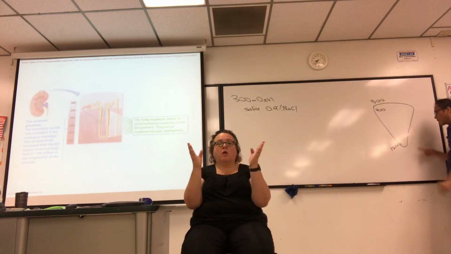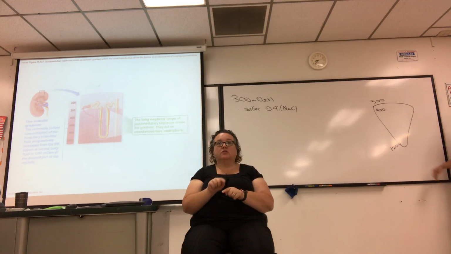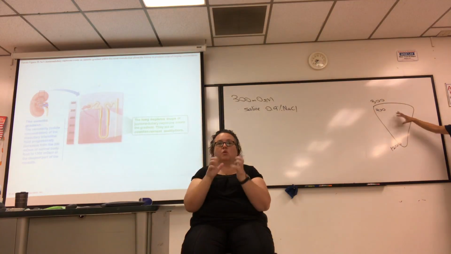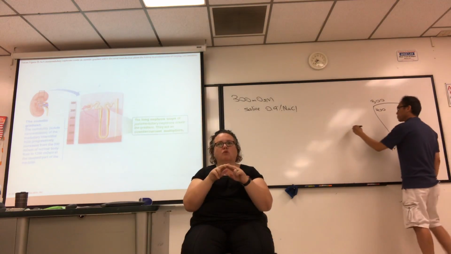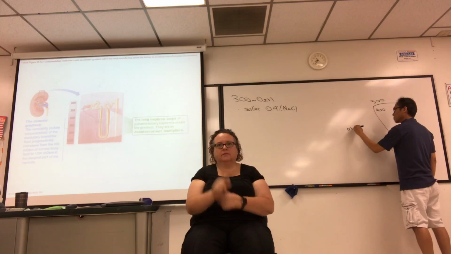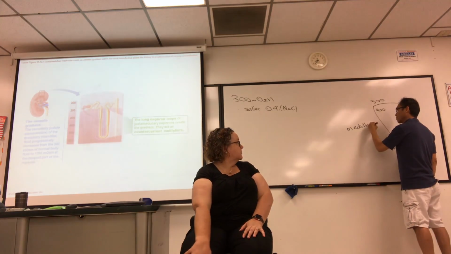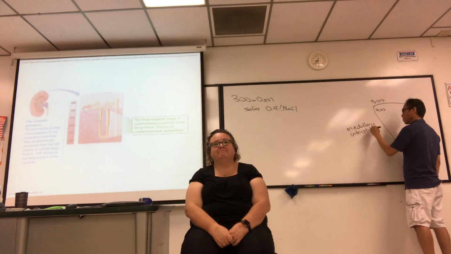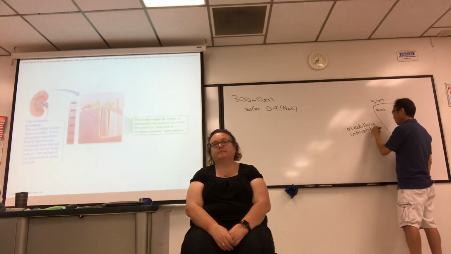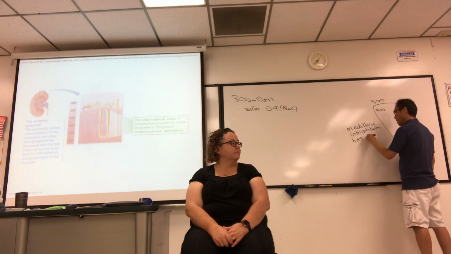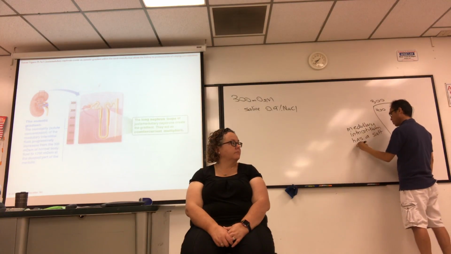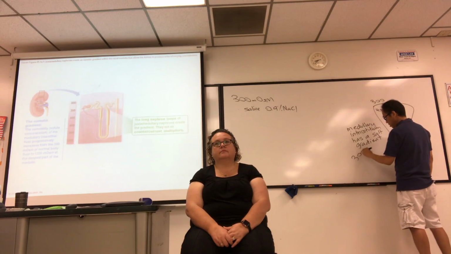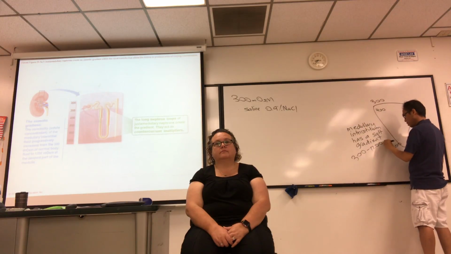By the time you get down to here, it's like 1200. So you multiply the saltiness from top to bottom. So you want the medullary interstitium to have a salt gradient from 300 to 1200 milliosmolarity.